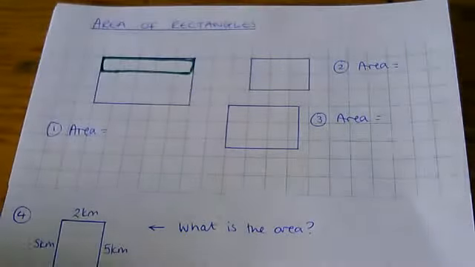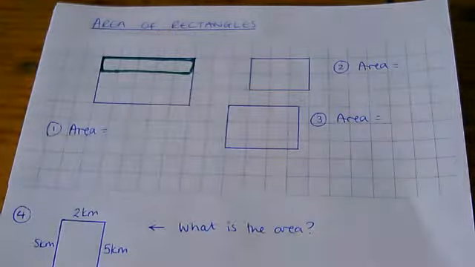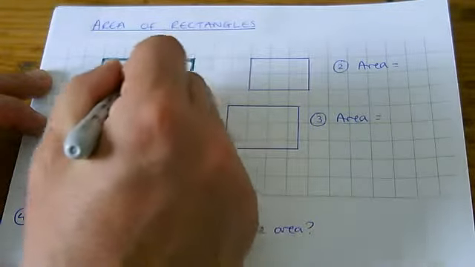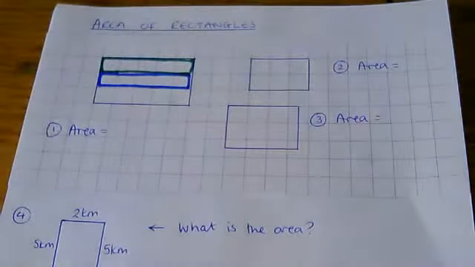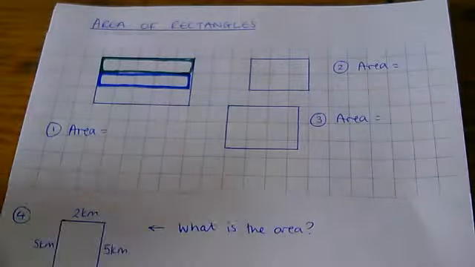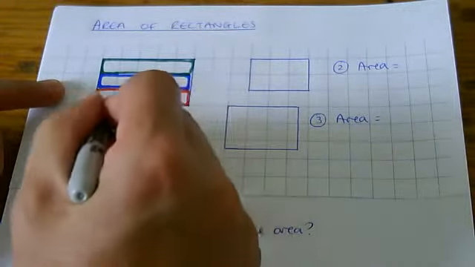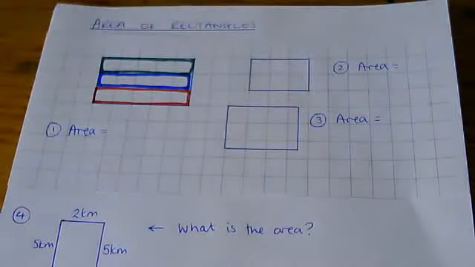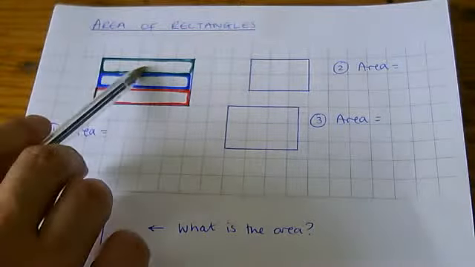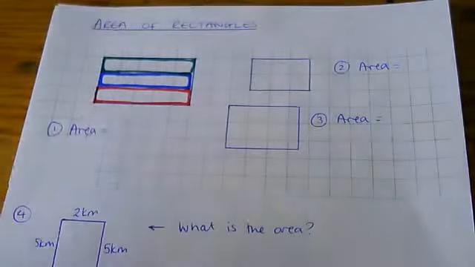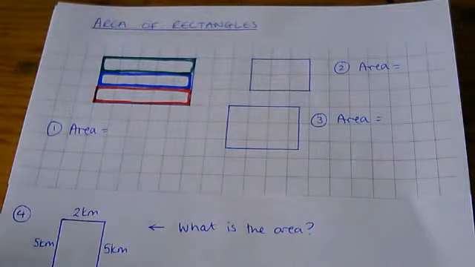There are 5 squares there, 5 squares there, and 5 squares there. So instead of counting the squares up individually, I could count up in fives. I could say 5, 10, 15. That would be a quicker way of doing it.